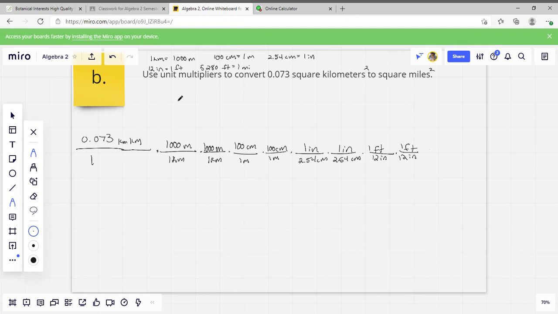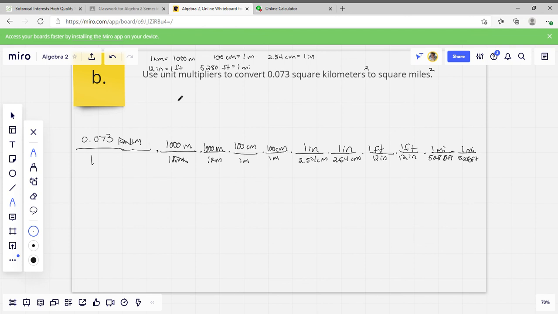And then 5,280 feet in 1 mile. And 5,280 feet in 1 mile. Alright, now cancel my units.